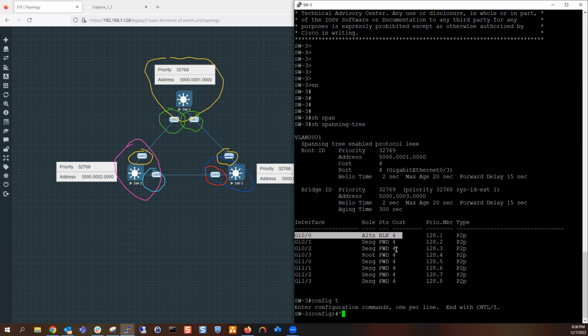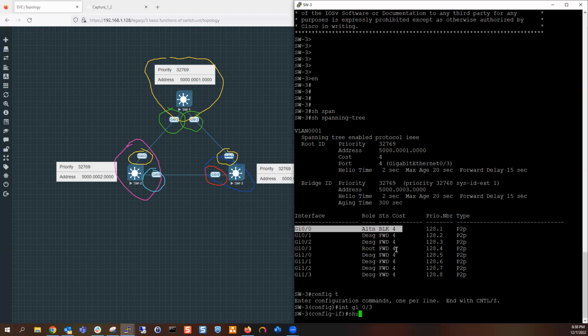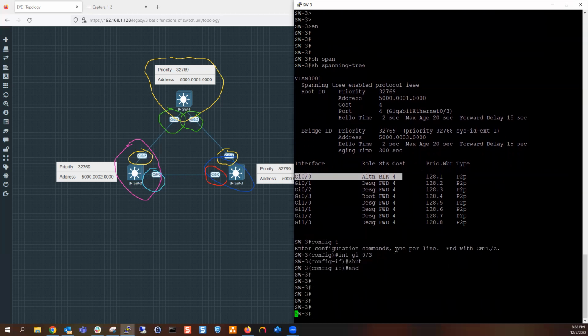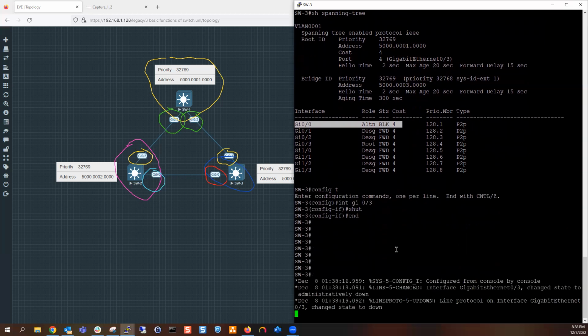And let me show you. Let's go ahead and shut down the root port, which is gigabit 0/3. We shut it down.